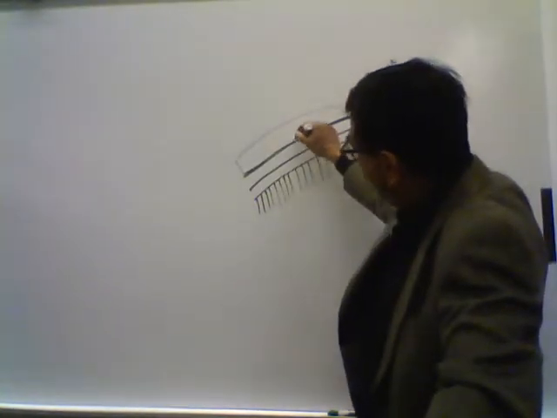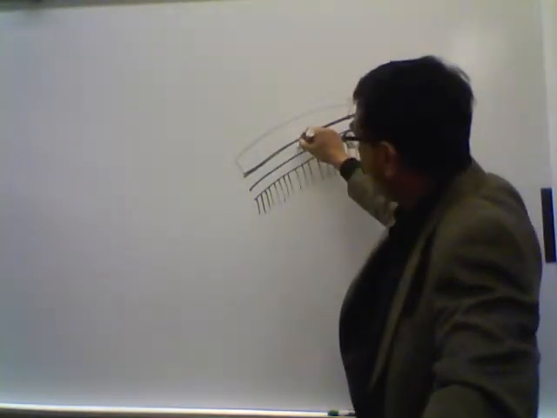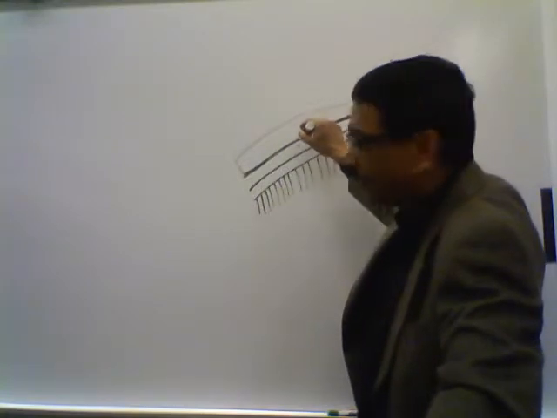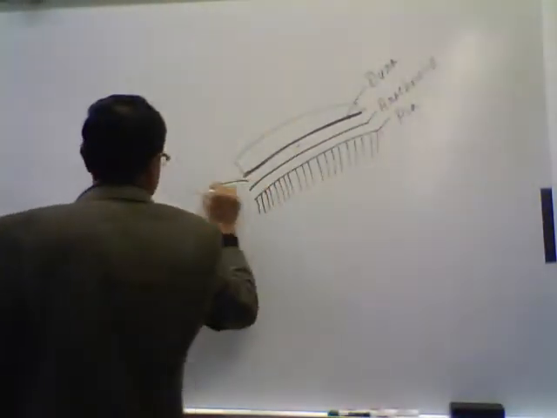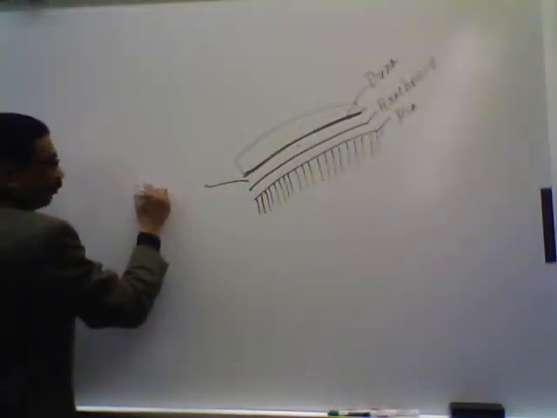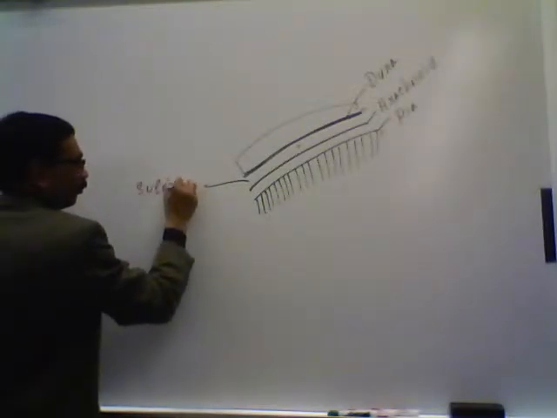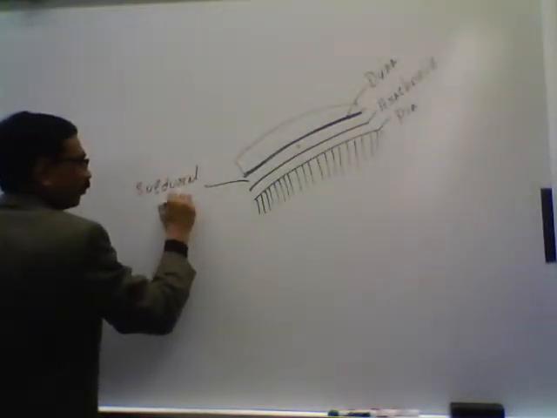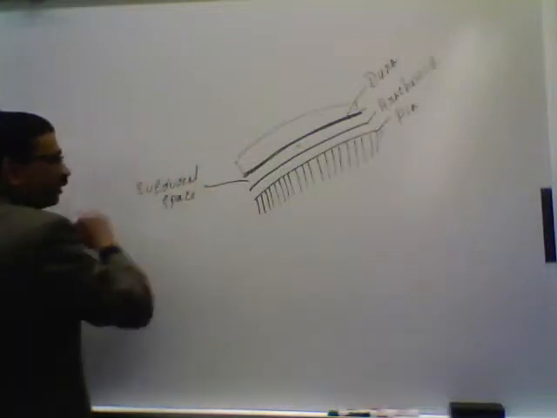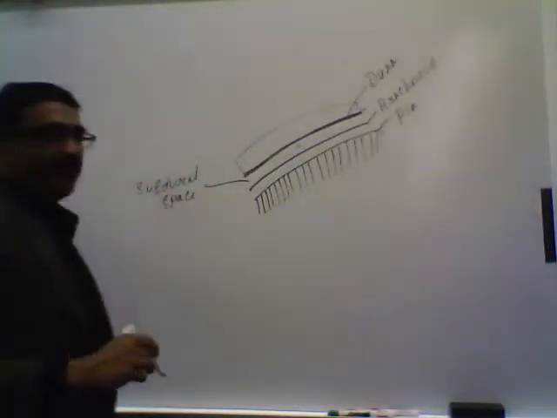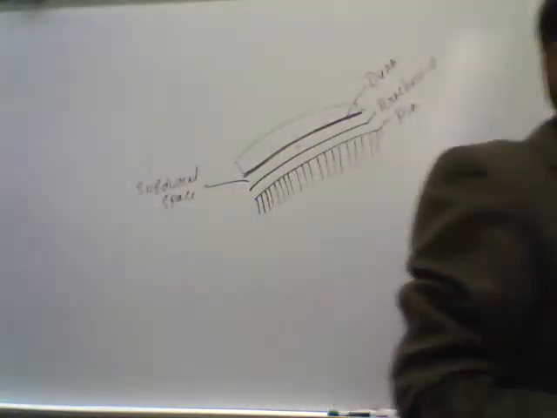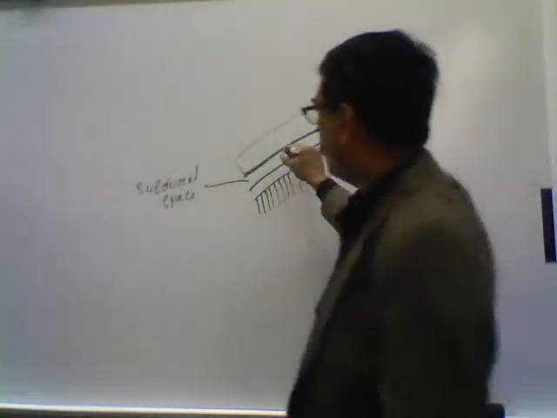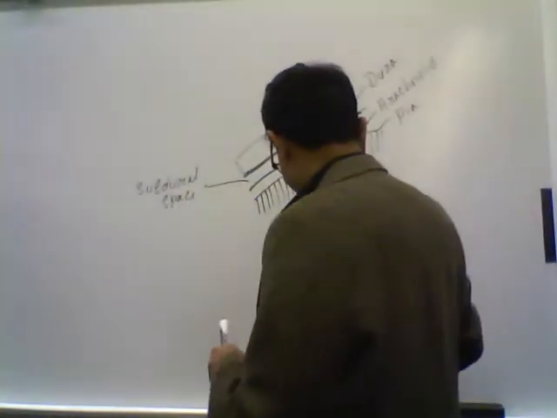The space under the dura mater is called the subdural space. That makes sense, right? Subdural space. Sometimes blood can accumulate in this space.